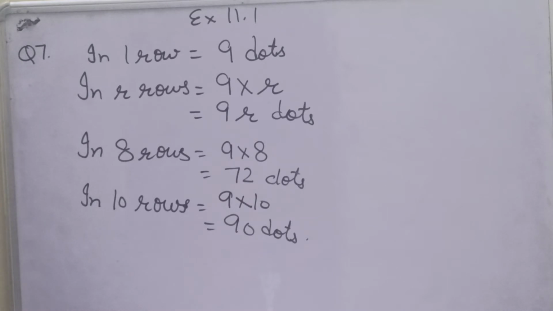Then question number 8 is: Leela is Radha's younger sister. Younger means smaller. Leela is 4 years younger than Radha. So, can you write Leela's age in terms of Radha's age? Take Radha's age to be x years.